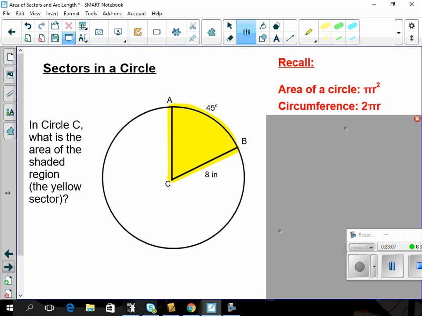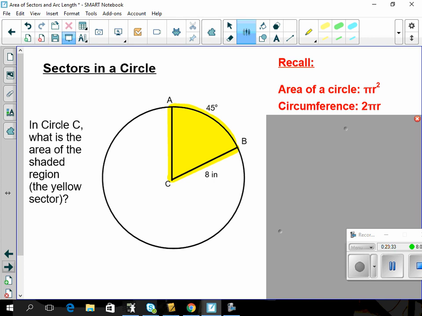So I've drawn an example of a sector for you, okay? And I've given you in red a couple of formulas that you need to know. The area formula of a circle and the circumference formula of a circle. The first thing we want to do is find the area of the sector, of the shaded region, okay?